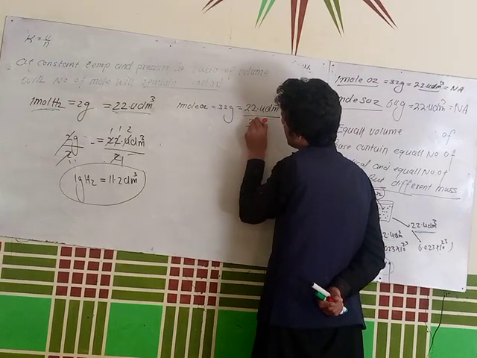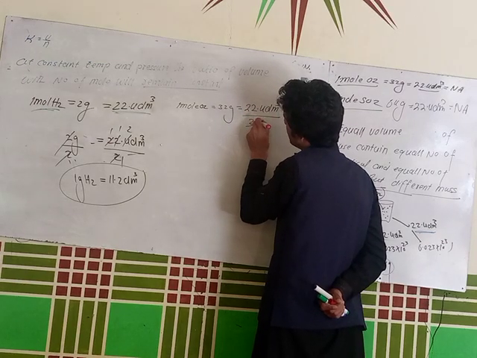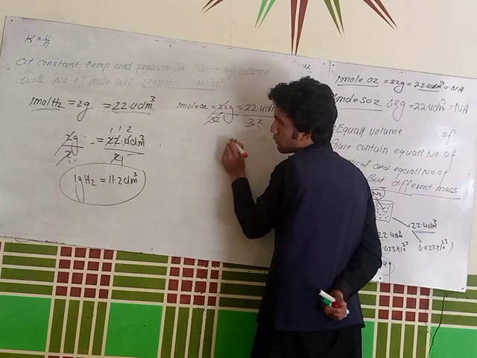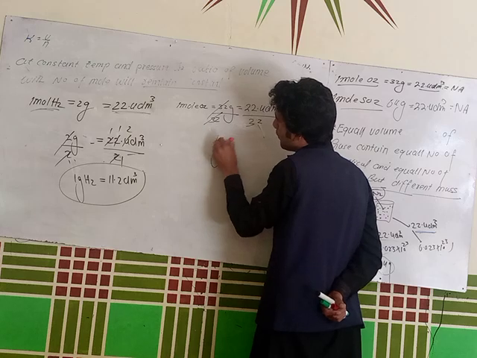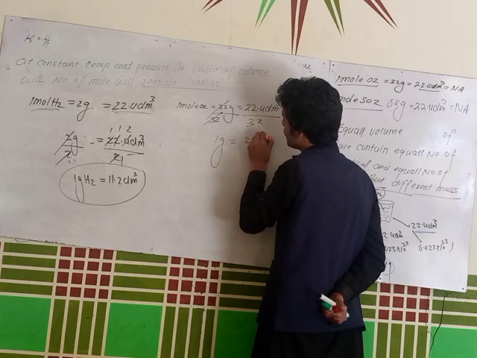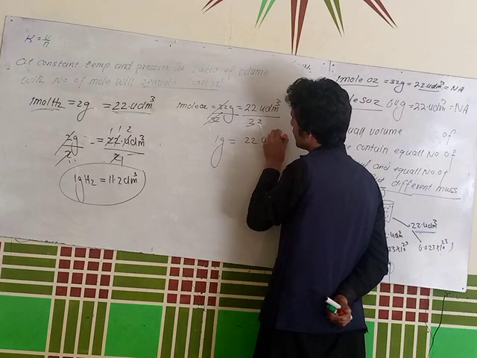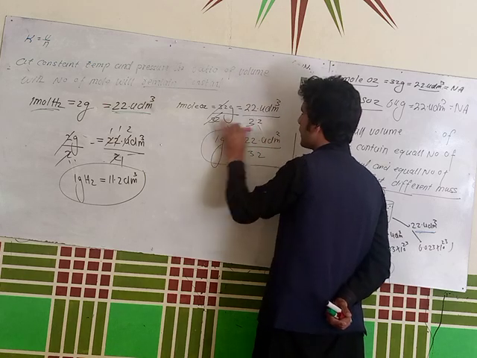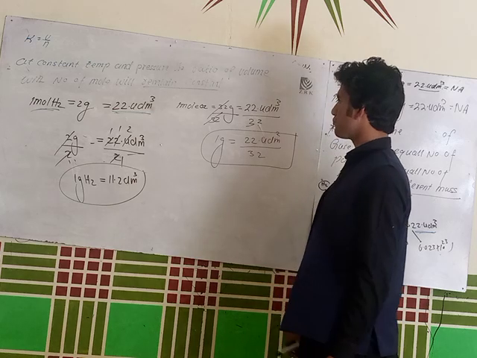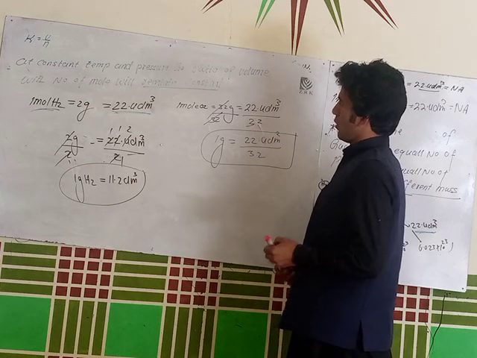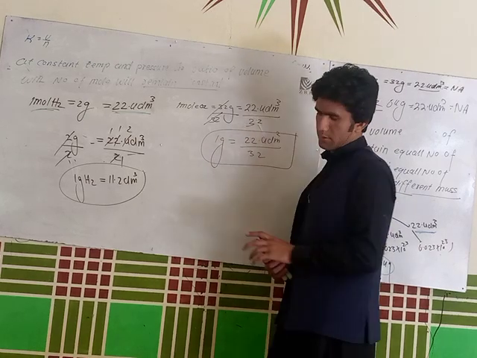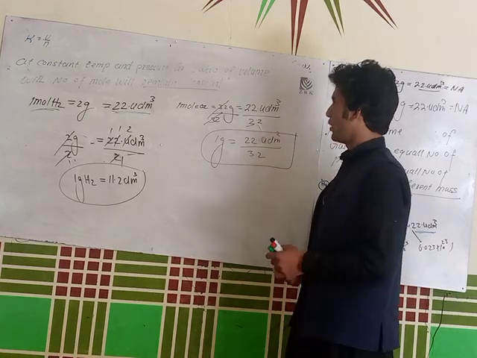Both sides will be divided by 32. These 32 will cancel out with each other. So 1 gram is equal to 22.4 decimeter cube divided by 32, and we will get the result. So this is per 1 gram.